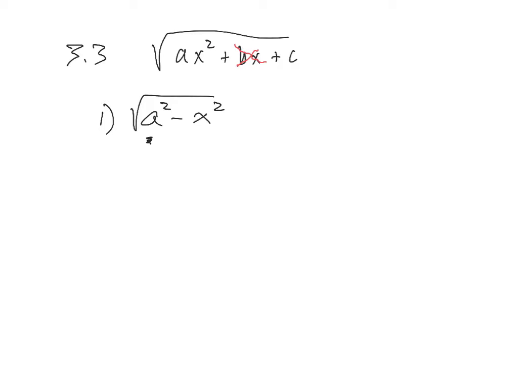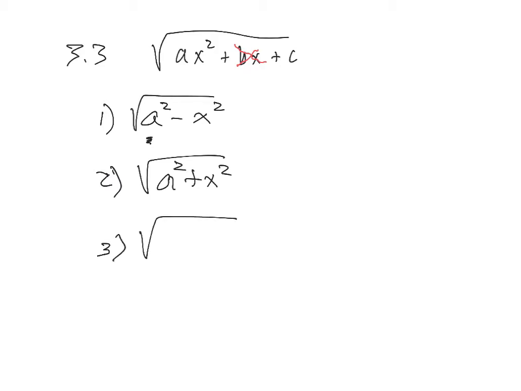The second one is when we have the square root of a squared plus x squared. And the third case, the square root of x squared minus a squared. So the a squared here is positive, but then this minus sign makes it negative. So for example, let me do these in blue.